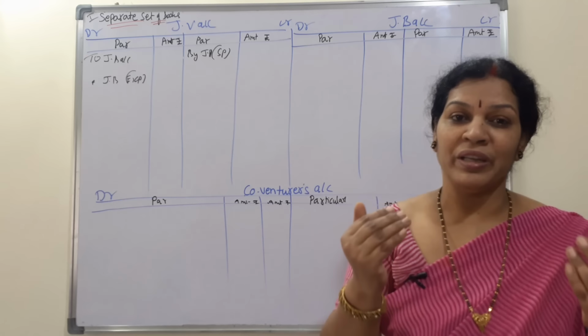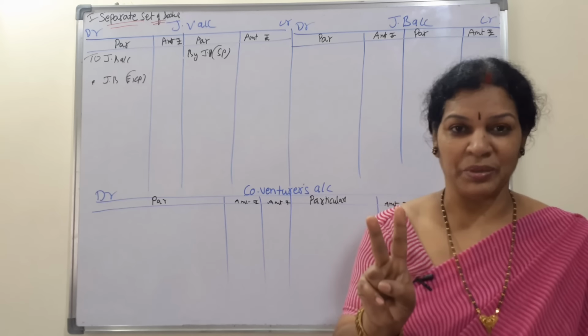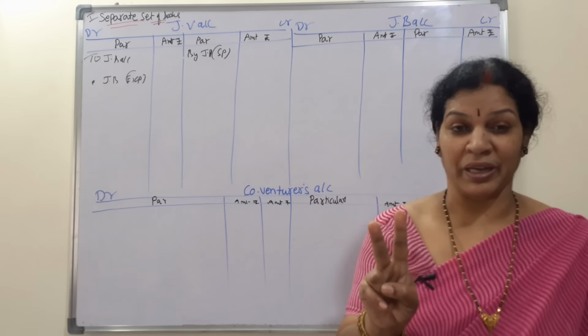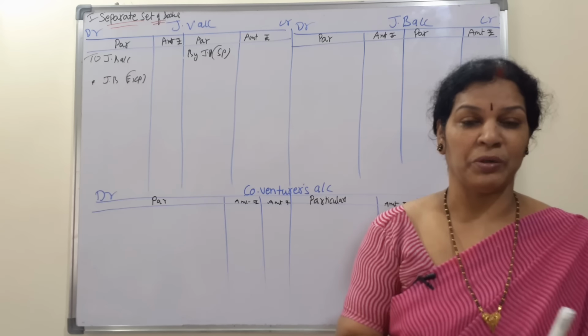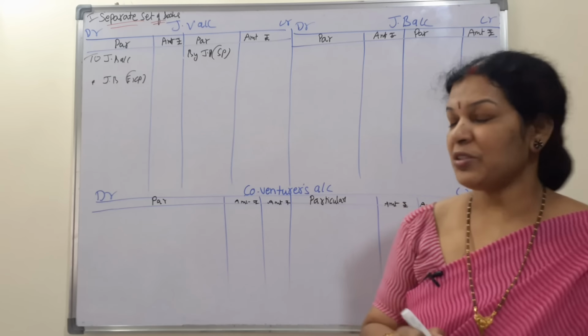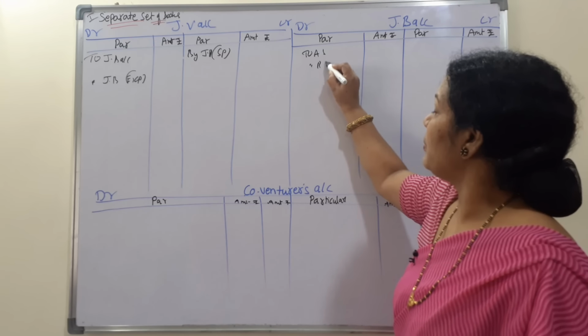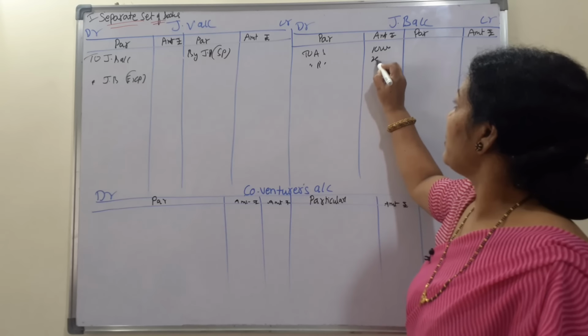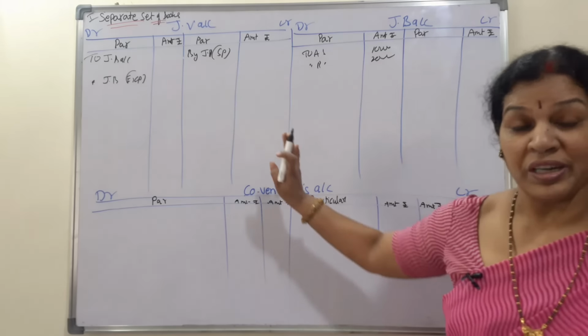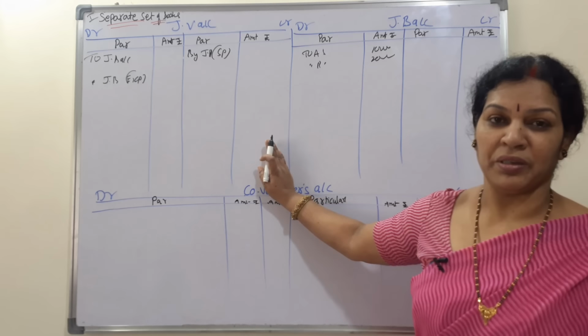So whenever co-venturers, say A and B, deposit some amount, say 10,000 and 20,000, you will write it as to A's account, to B's account. Remember this important thing.